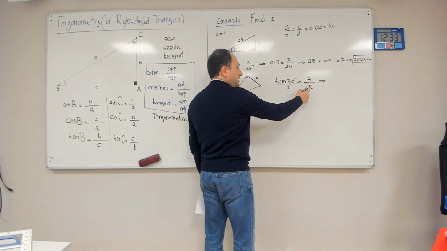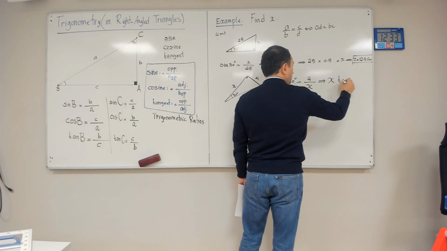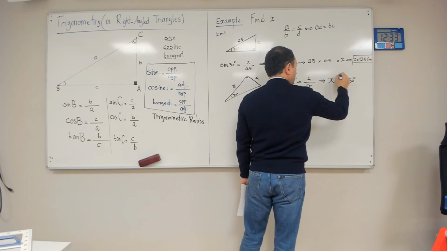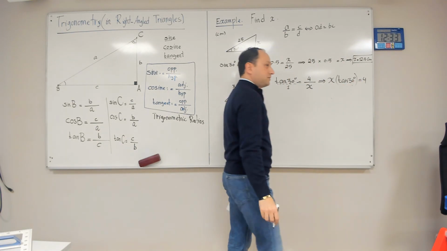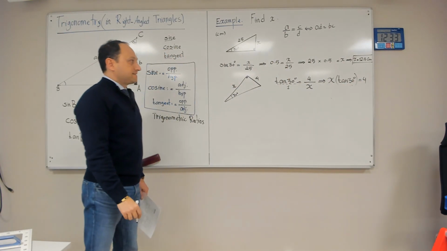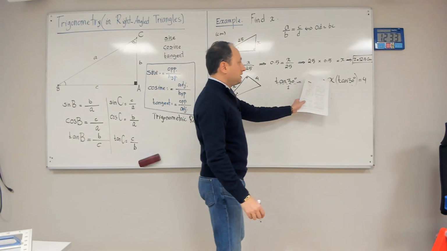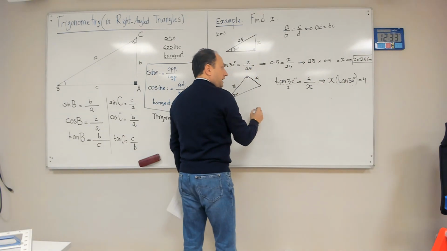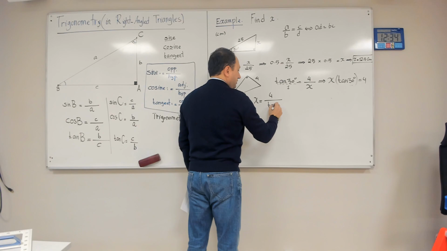And then this one multiplied by that one is equal to 4 times 1. And then what is x? You divide by tangent of 30, so it becomes 4 divided by tangent of 30.